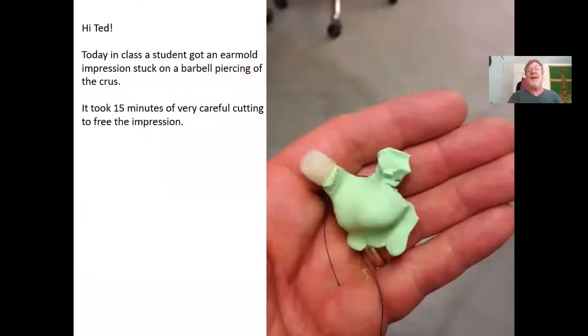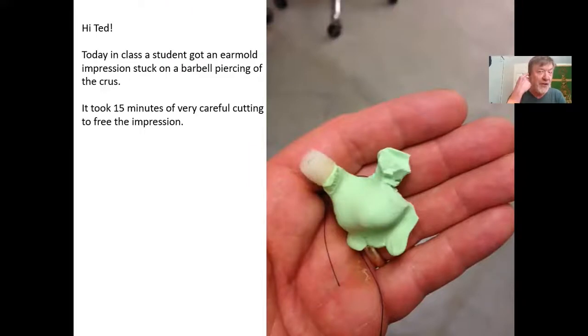Next. Guess what? When you're taking an ear mold impression, it's going to actually look like this. The material may be green or whatever. This was taken in Toronto, Ontario, Canada. Students at George Brown College in Toronto, that's an HIS program there, were practicing taking ear mold impressions on each other.